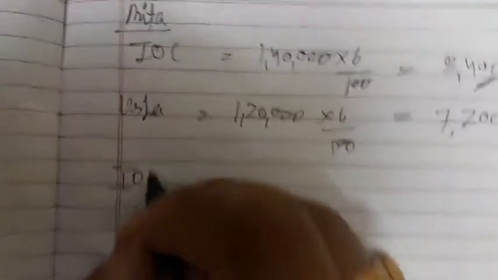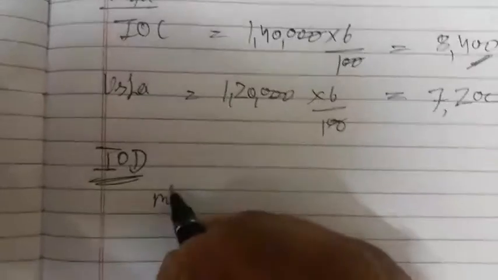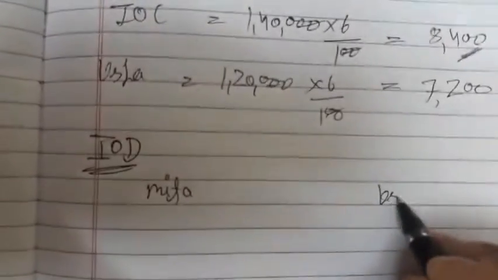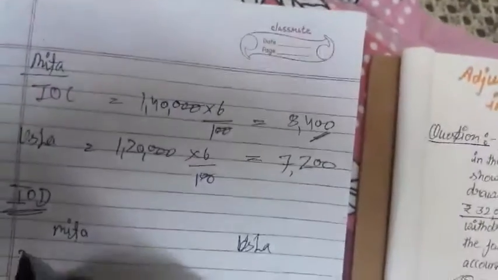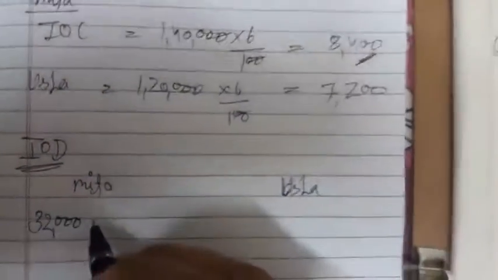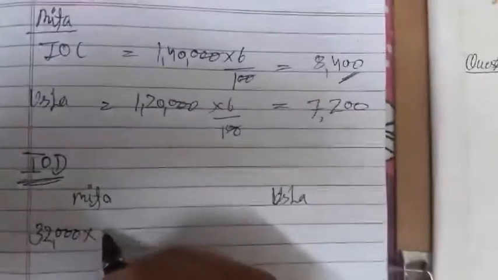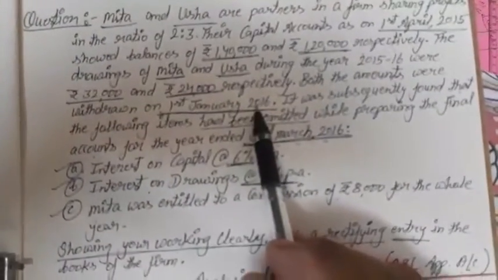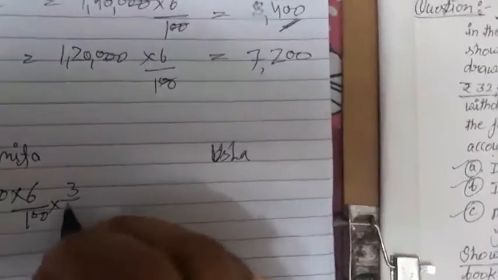Now interest on drawing, IOD, that is interest on drawing, for Meta and Usha. The amount is 32,000 for Meta, 32,000 multiplied by the rate of interest on drawing 6%, and the time duration is from 1st January 2016 to 31st March 2016, which is 3 months only.